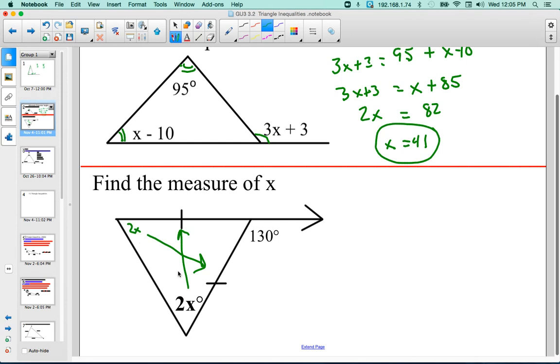So it's also 2x. All right, so I could do 130. My exterior angle equals the remote interior angles added together, 2x plus 2x, which is 4x. Now, when I divide by 4 here, I think I'm actually going to get a decimal, but I think x is going to equal 32.5.